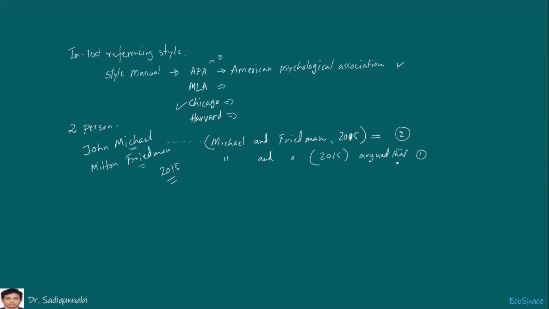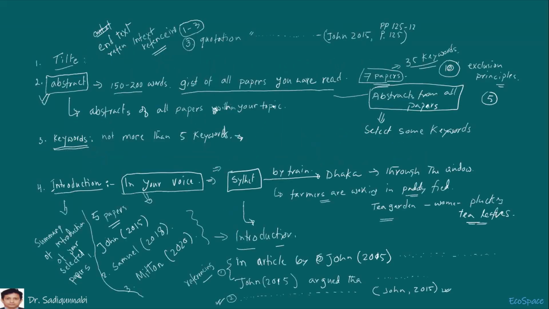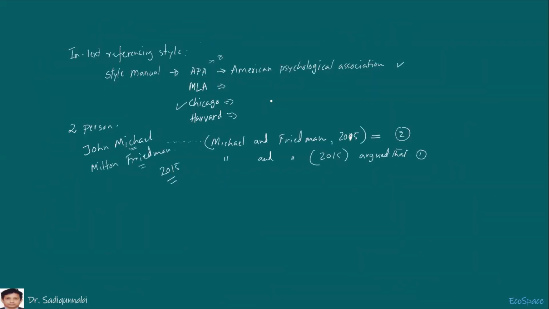Clear? Second style. And the third style, I have already told you about. So in this way, maybe Michael and Friedman. Okay. All right. If a single person, just write down the last name of the single person. If more than 2, suppose 3 or 4, then how do you write this?